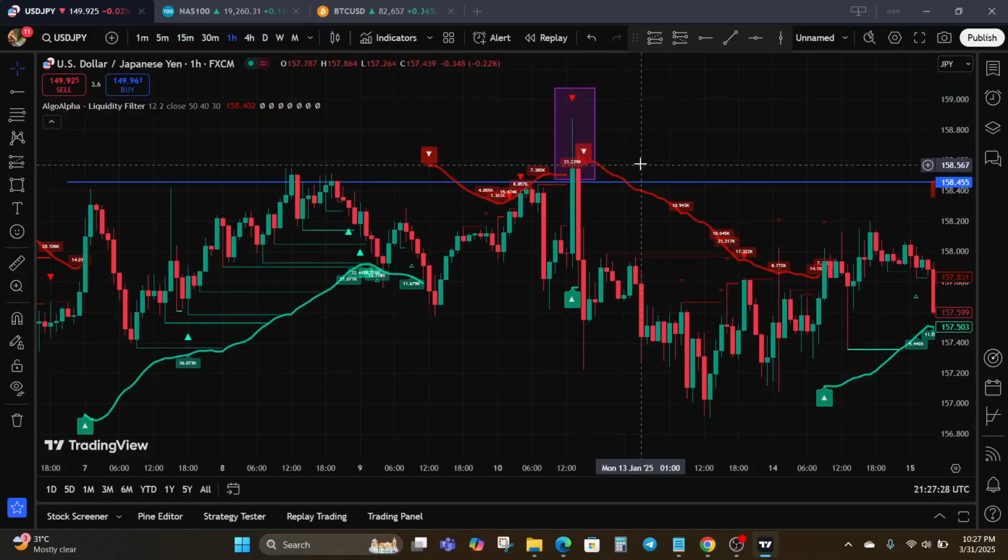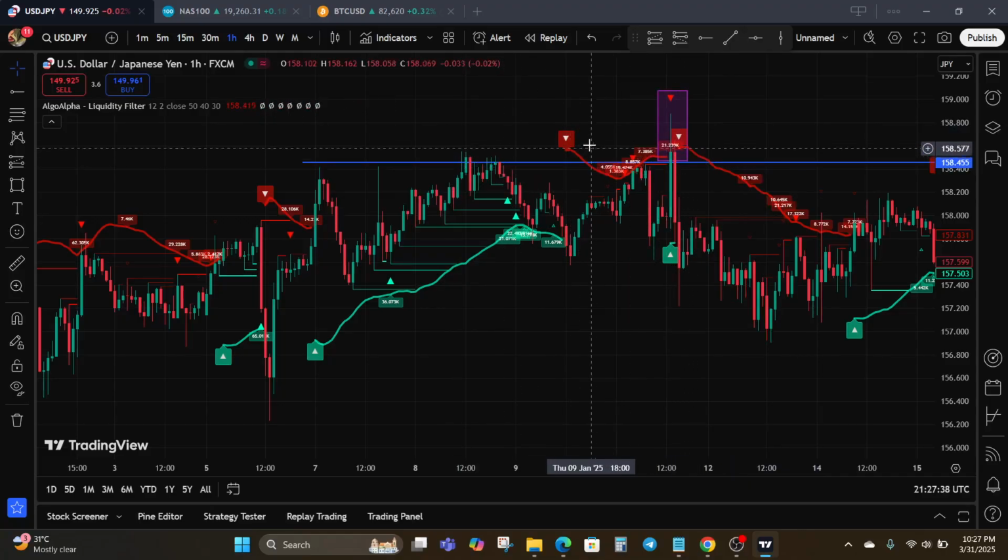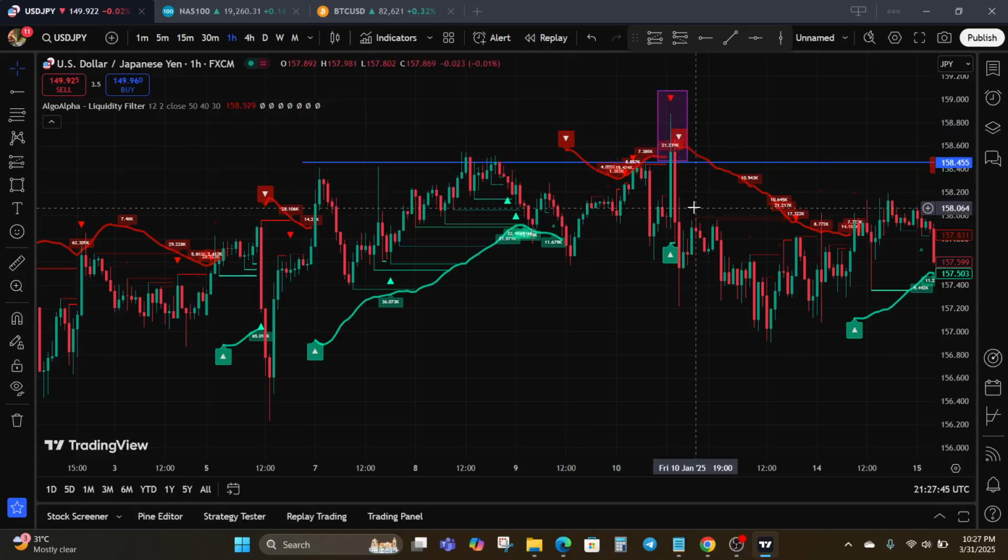A liquidity sweep is a scenario whereby the big players try to grab liquidity from pending orders. Remember that when you enter a sell trade, you might want to set your stop loss just above the resistance. And if you want to trade breakouts, you might be setting buy stop orders just above resistance.